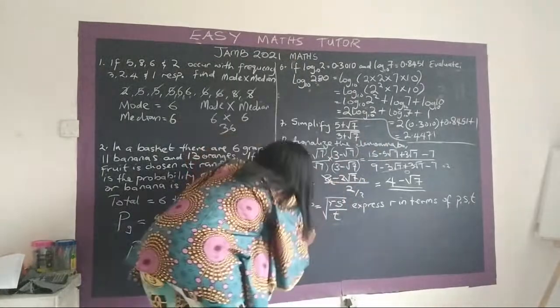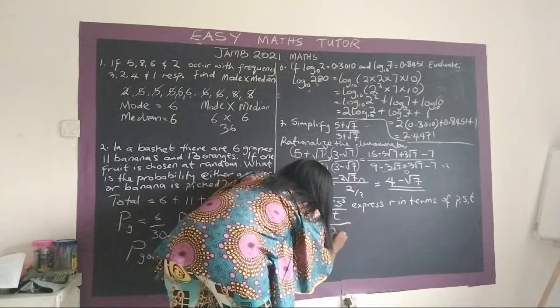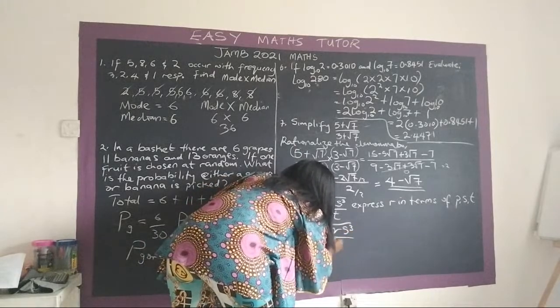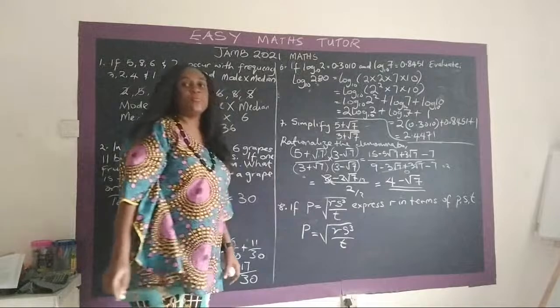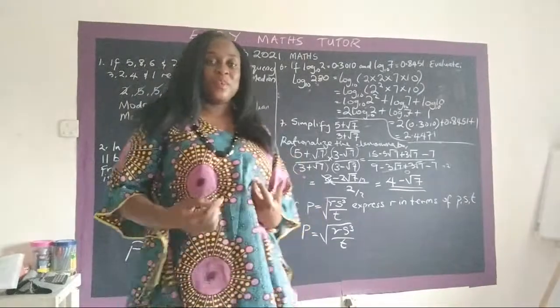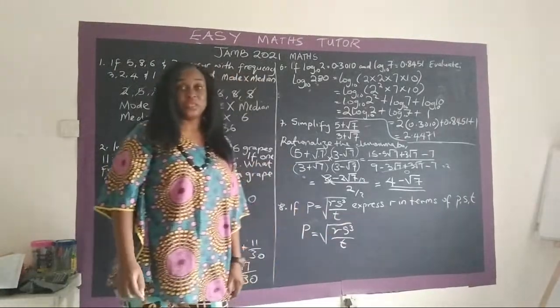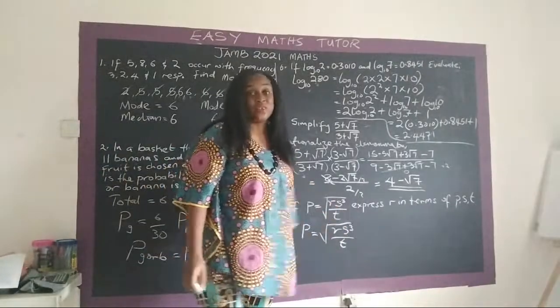So we'll write this down quickly. P equal to the square root of r s cubed over t. Now r is locked up in this square root. So what do we do to open up a square root? We're going to square both sides of the equation.